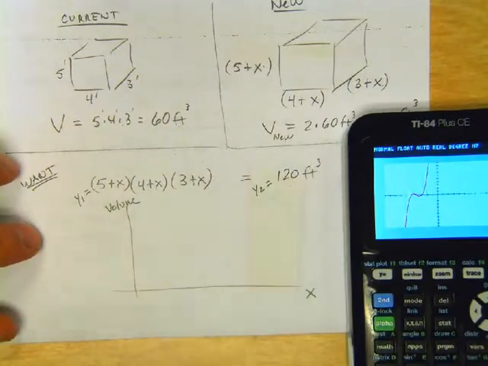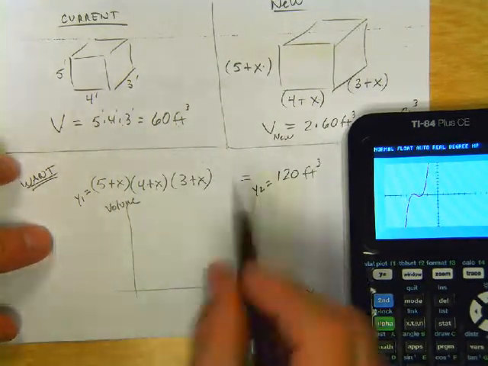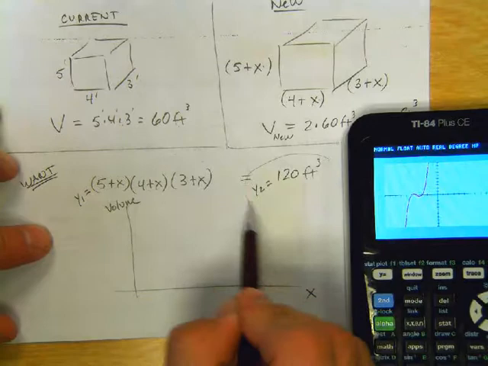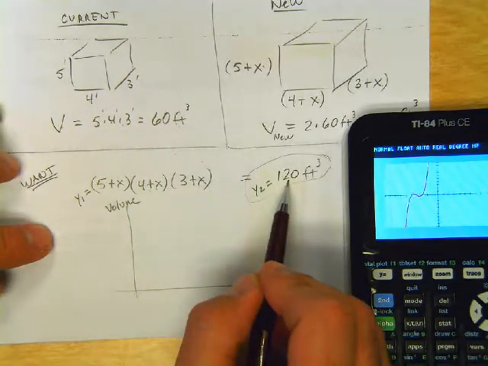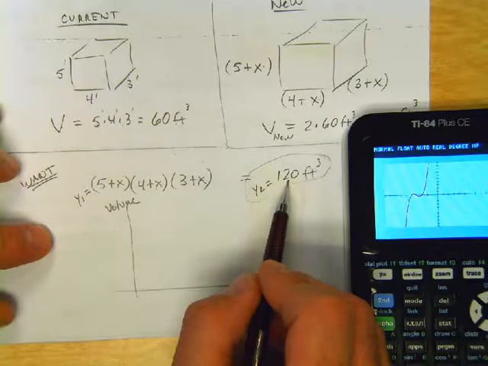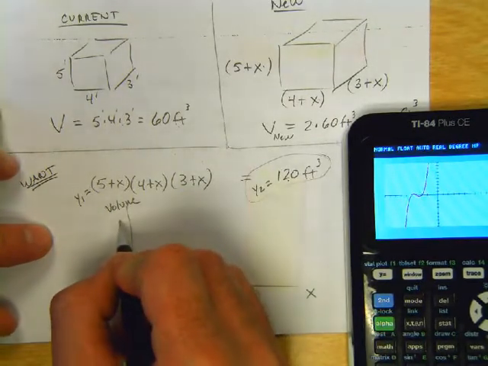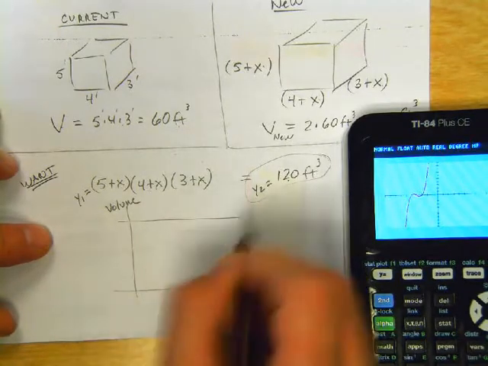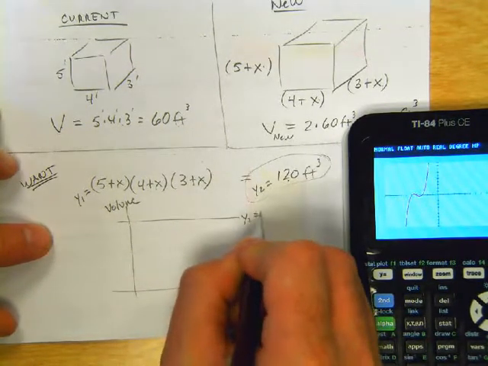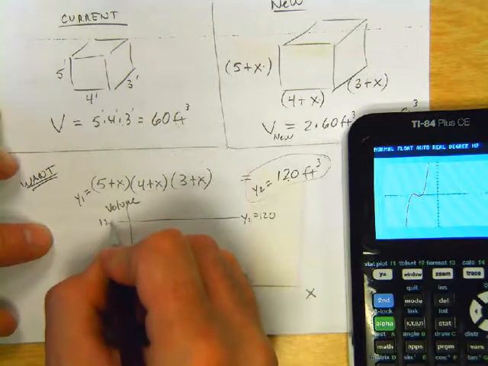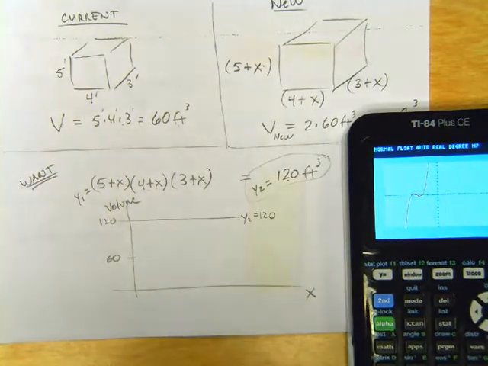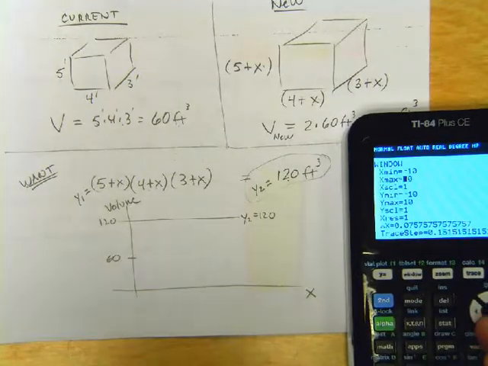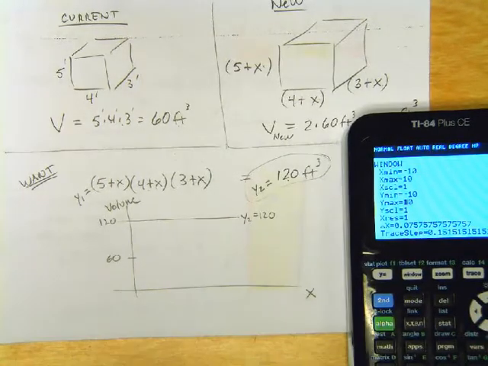And the first clue is this y2 equals 120. This is a constant, 120, so it's going to be a horizontal line, and it's going to cross the y-axis at 120. So I would think that we'd need to change the y-max of our window to something greater than 120.